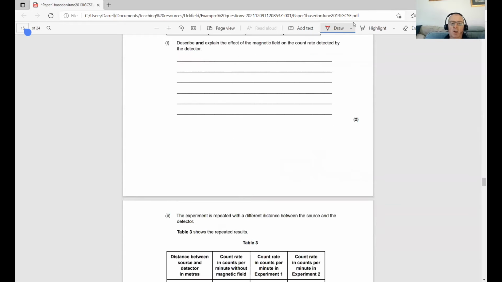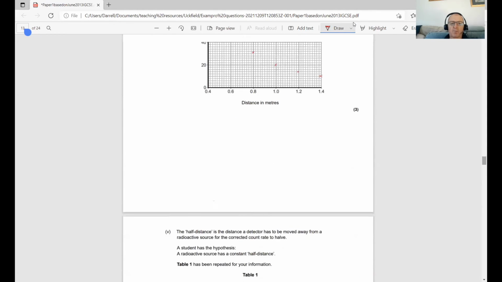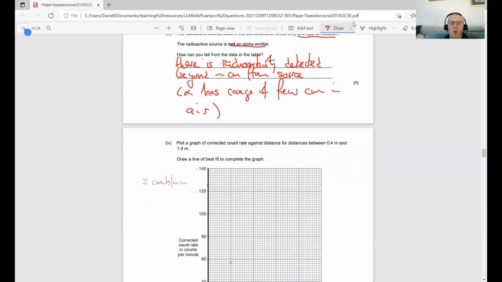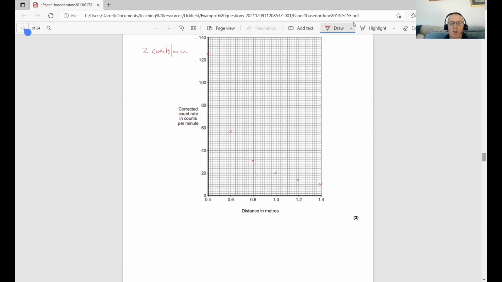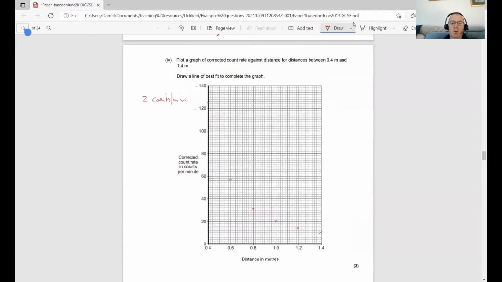Now, it asks us to plot the graph. There are 3 marks for this. So there will be 2 marks for the plotting and 1 mark for our nice smooth curve through the points, which, given that I'm doing this on a screen, will not be so smooth.